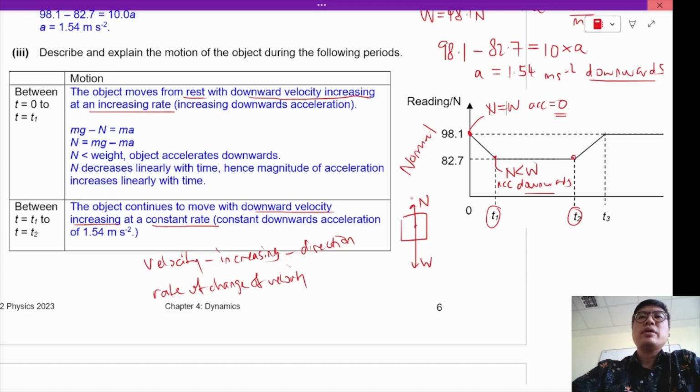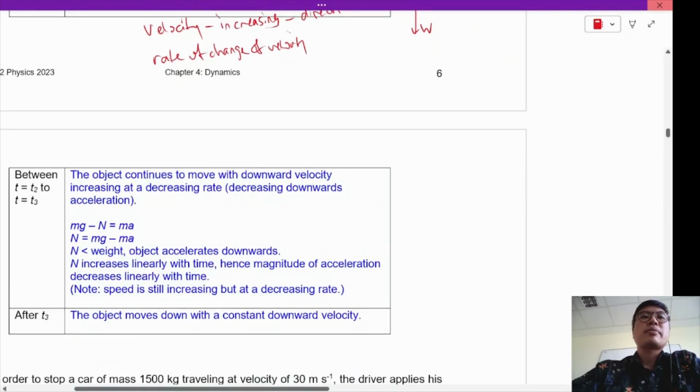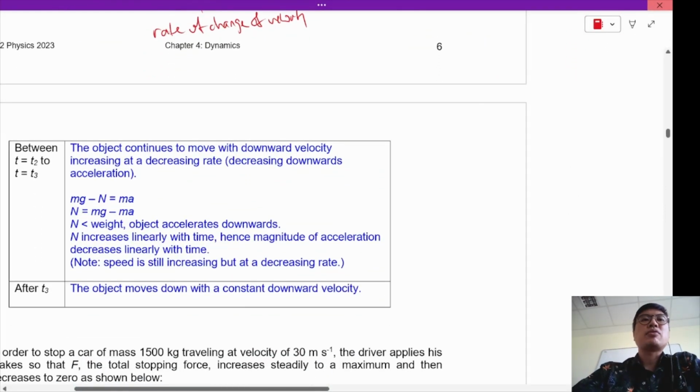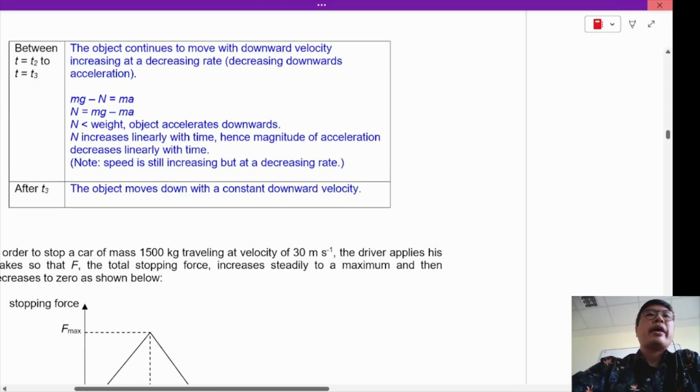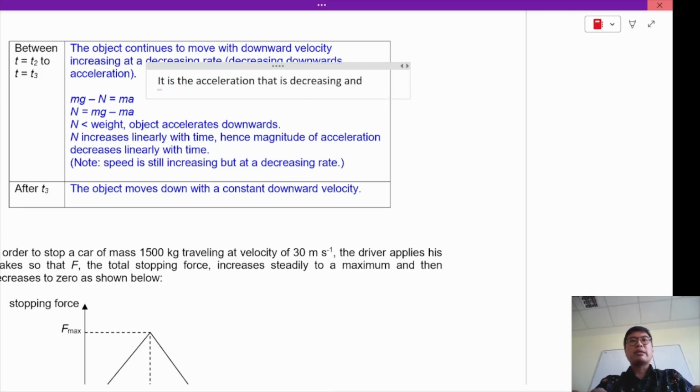Now over here, the acceleration becomes 0 again. So the object continues to move with the downwards velocity increasing at a decreasing rate. Now notice that it is the acceleration that is decreasing and not the velocity.